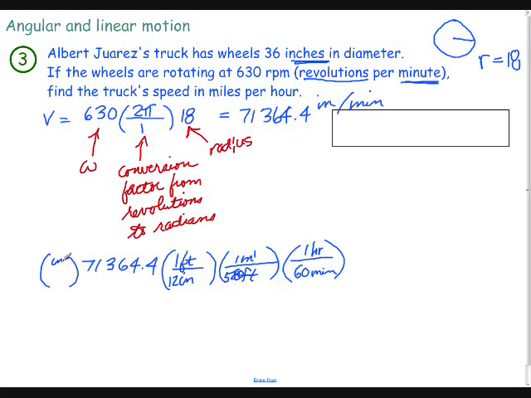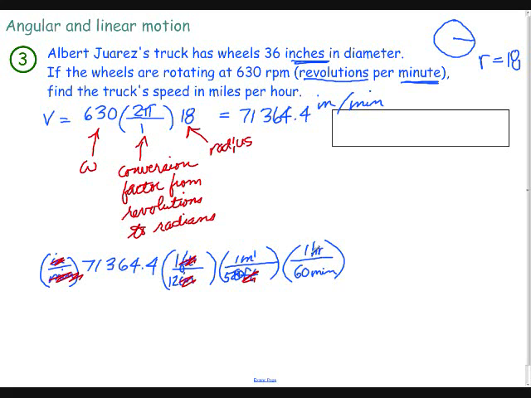I had inches per minute. When I do this, let's see how it cancels out. We get the inches taken care of, feet taken care of, minutes.